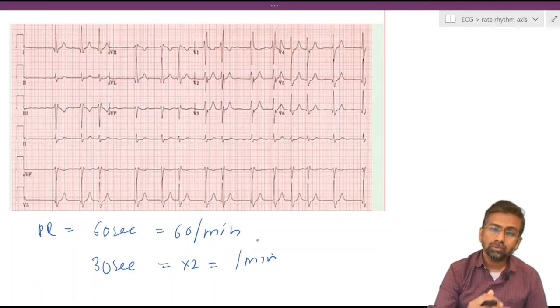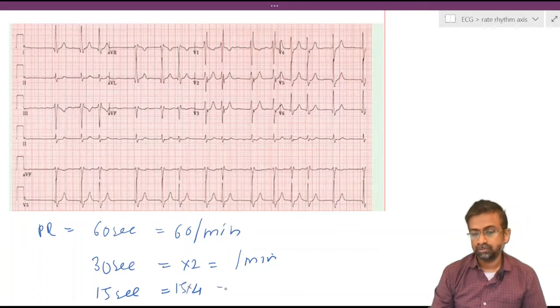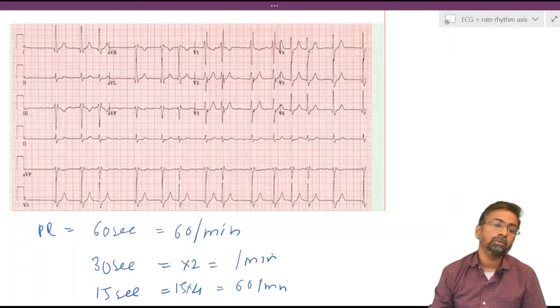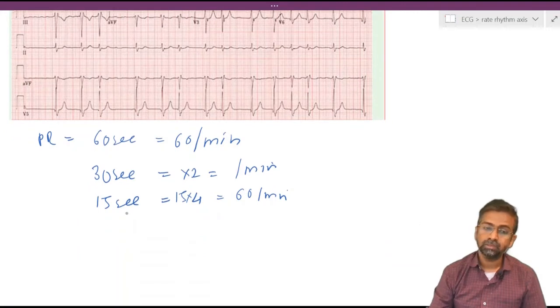If you are lazier, then you will just check the pulse rate for 15 seconds and multiply that figure by 4. For example, in 15 seconds you heard 15 beats, you multiply that by 4 and again the pulse rate will be 60 beats per minute. Okay, now you are even lazier. Here it won't matter if the pulse is regular or irregular.